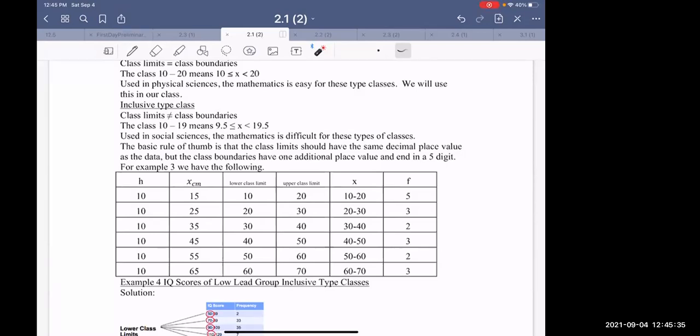So they don't care if the mathematics is difficult. So again, the class limits should have the same decimal place value as the data. But the class boundaries have one additional place value. And the rightmost digit is always a 5.